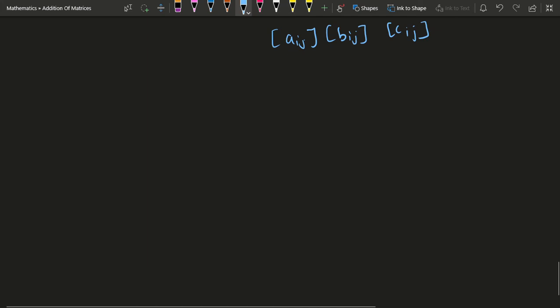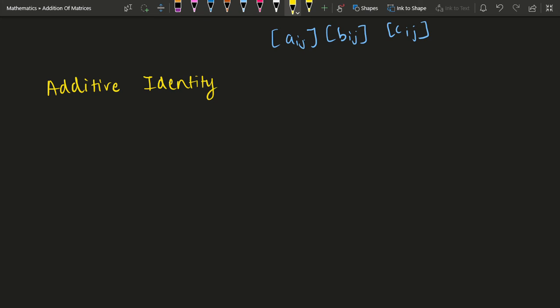We also have the existence of additive identity. So what that means is the additive identity in the case of real numbers or complex numbers is, let's say you have a complex number 1 plus i, then you can add the complex number 0 plus 0i and you could still get the same number.